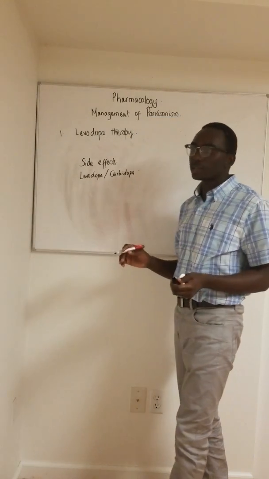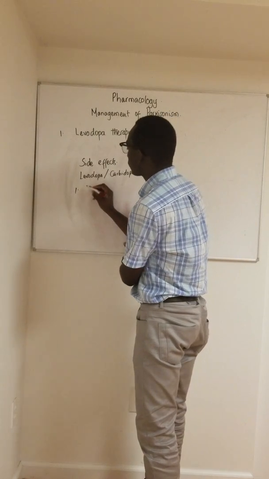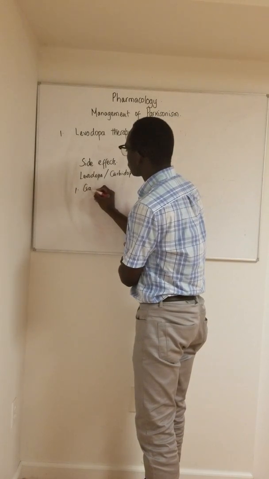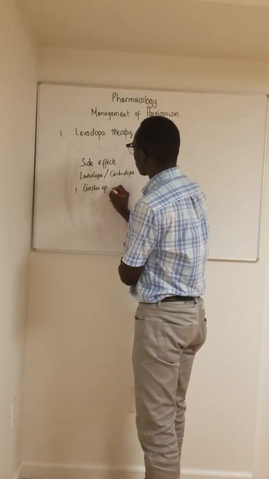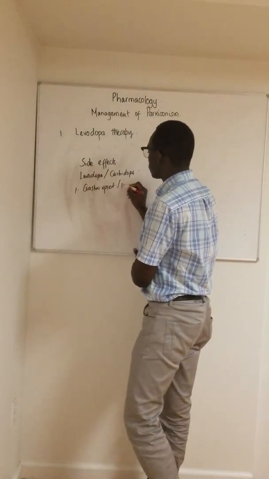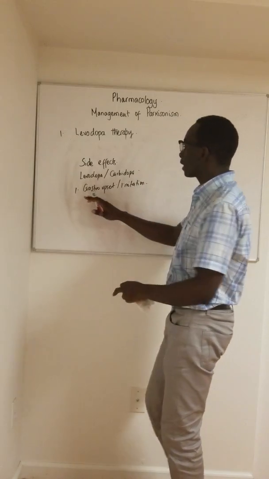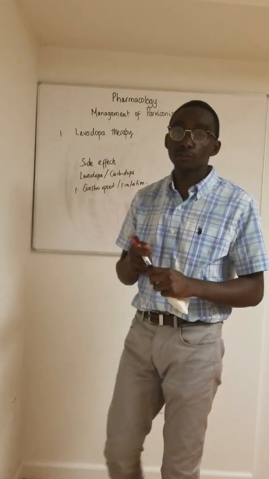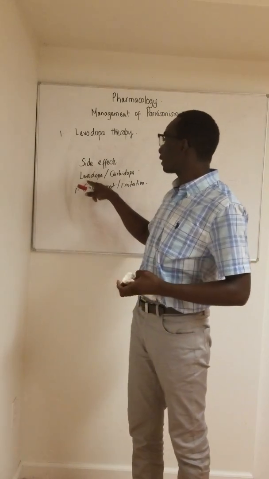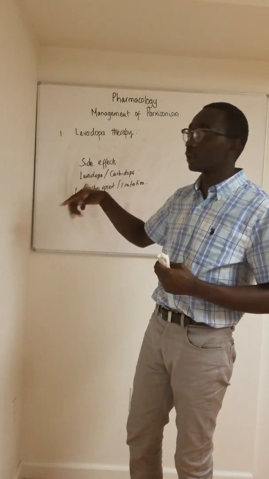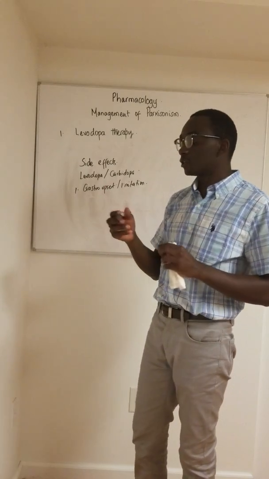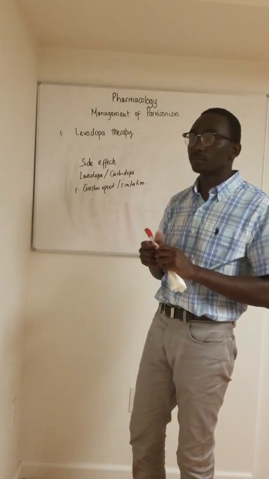So some of the side effects: one, we have gastric upset or irritation. So gastric upset or irritation is first of all caused by the local presence of dopamine in the intestines, and also when levodopa crosses and goes to the brain, it triggers the emetic system.